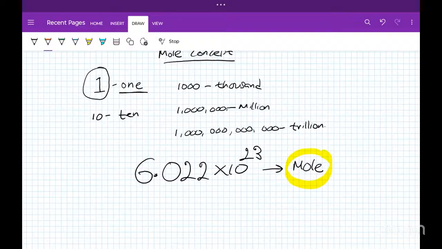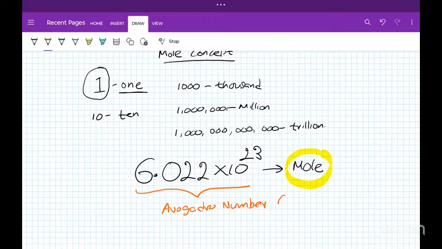Therefore, this number is called the Avogadro number as well. This number has some notations too. Sometimes it is denoted by capital L, sometimes by capital N subscript A.